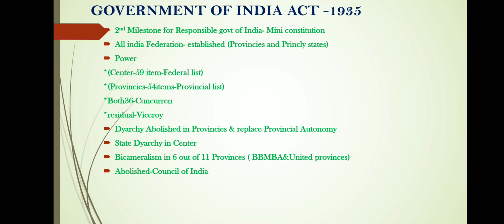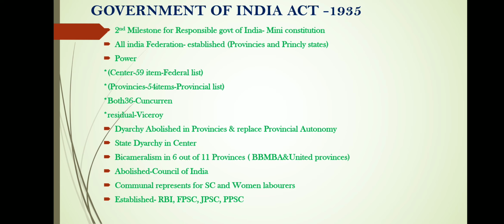The Council of India was abolished. Communal representation was extended to the scheduled castes, women and labourers. It provided for the establishment of the Reserve Bank of India, the Federal Public Service Commission, the Joint Public Service Commission, and Provincial Public Service Commissions.